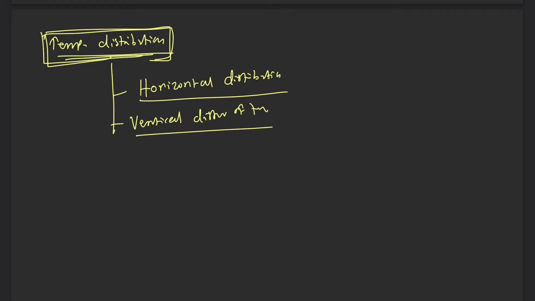What is horizontal distribution of temperature? That means how the temperature varies from location to location horizontally across the Earth surface. That is horizontal distribution of temperature.